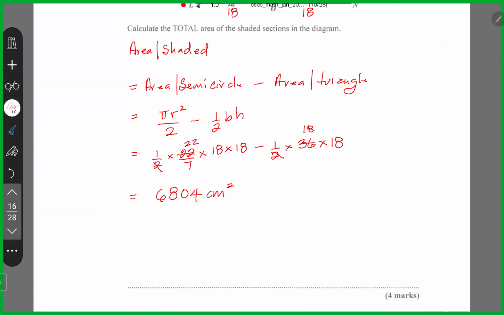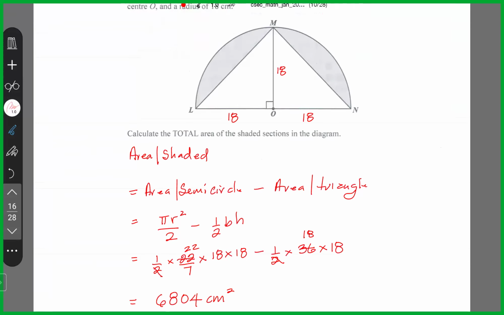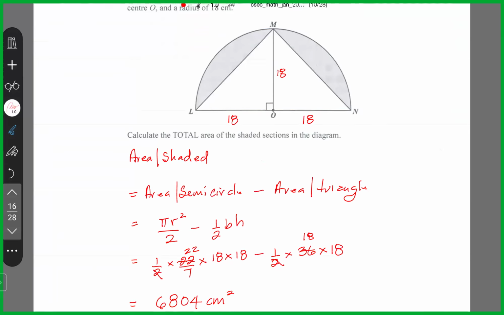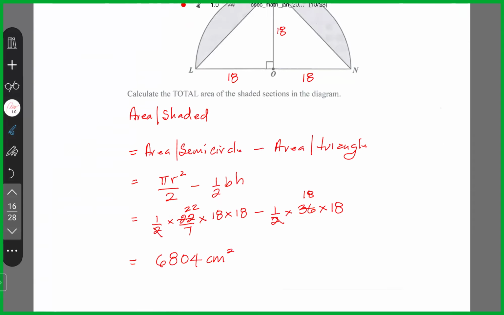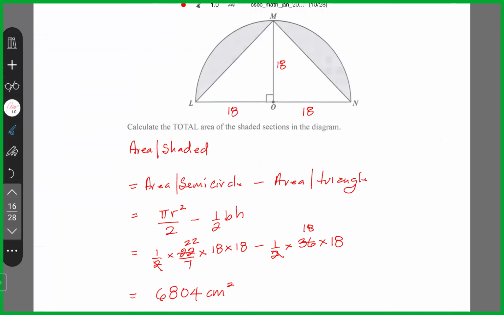The area of the shaded part of the figure is 6,804 centimeters square.